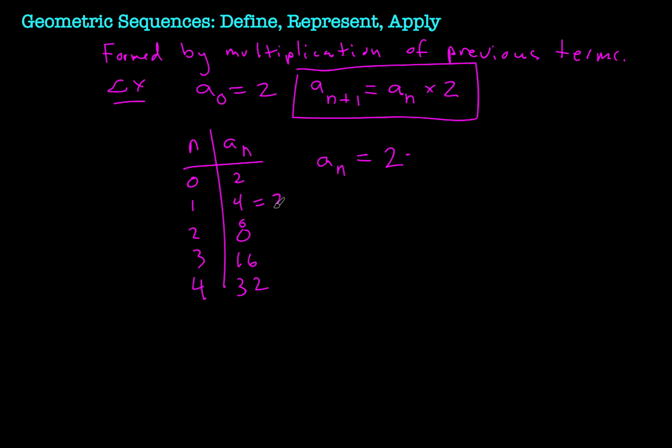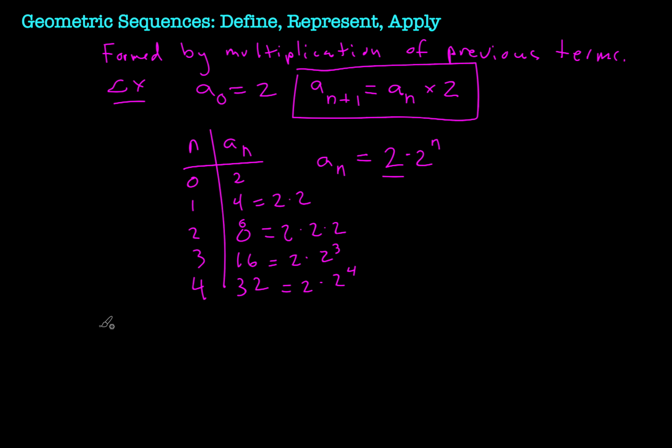So 4 is 2 times 2. 8 is 2 times 2 times 2. 16 is 2 times 2 to the third. And 32 is 2 times 2 to the fourth. So what we have is our first value, our starting value, 2, and it's being constantly multiplied by 2's. So we have this relationship.